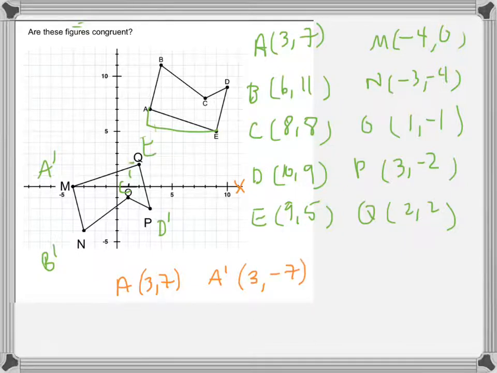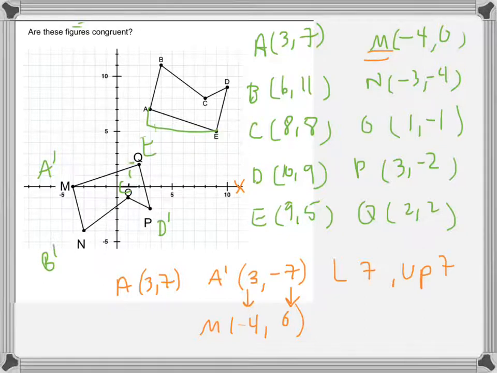And then, let's see, how do I get that onto M? M is negative 4, 0, so this would have had to go to the left. Left how many? 7? And then from there to there, that would have to go up 7, right?